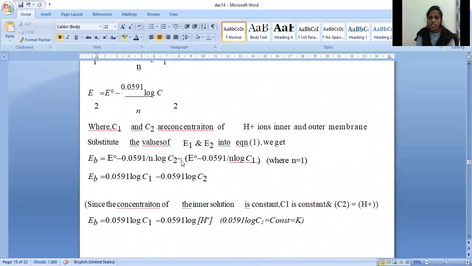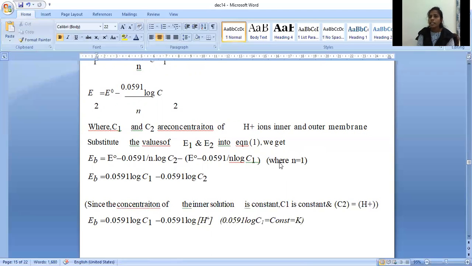See here, this is E2: E naught minus 0.059 by n log C2, minus of E naught minus 0.059 by n log C1. And here n is nothing but the number of electrons. The number of electrons is equal to 1 in the case of any acid, H plus.